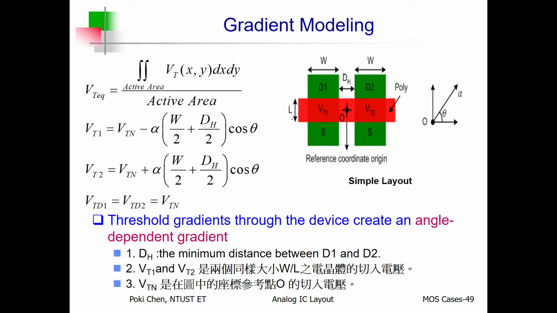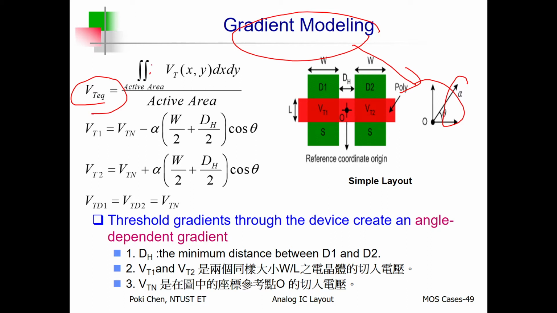And then Professor Geiger and his students did some gradient modeling. As I mentioned, only for the two-dimensional linear one. I mean first order one, just like this. And they did such an easy calculation. You can see for equivalent threshold voltage, that is the most important one.